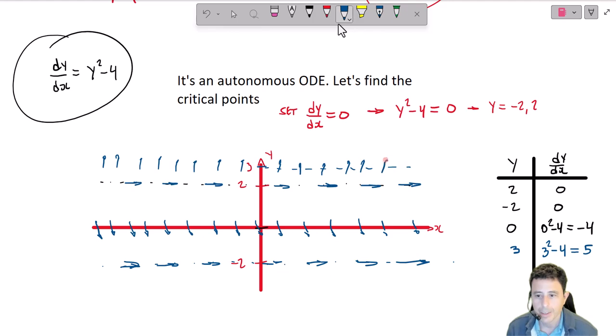And let's pick a number below negative 2. Let's pick negative 3. This would be negative 3 squared minus 4. Right, I plug y equals negative 3 here, and I get 9 minus 4 is also 5. So if I pick negative 3, the derivative is also very positive.